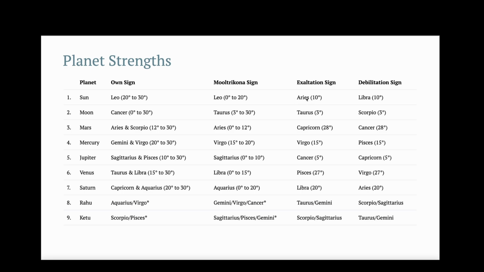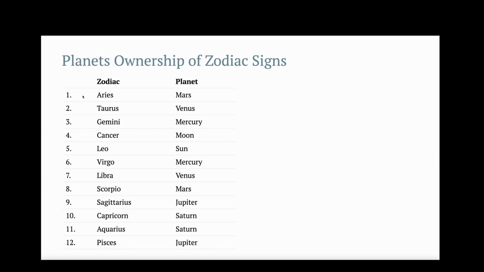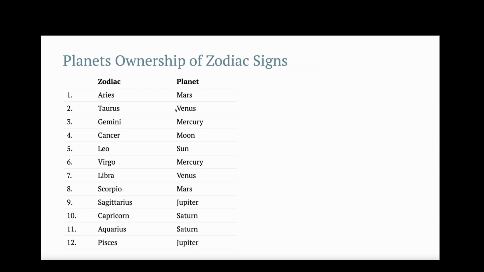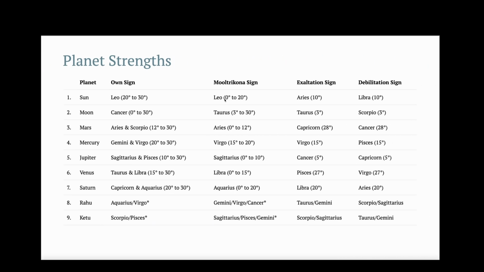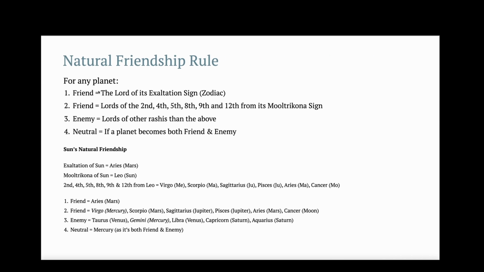So Mars is naturally a friend of Sun. When we go back, we see this rulership is also important here. The ruler of Aries is the planet Mars, and Sun is exalted in Aries. So the ruler of Aries, that is Mars, is the natural friend of Sun.